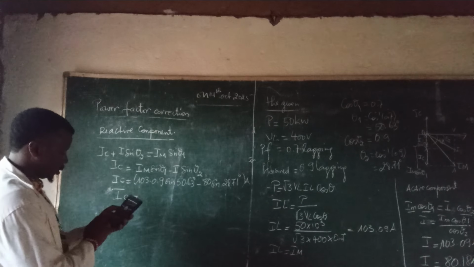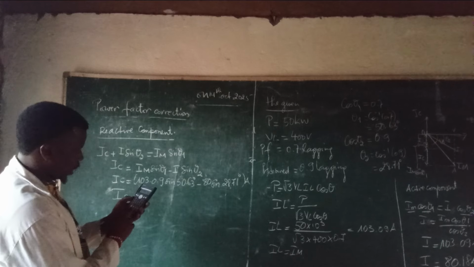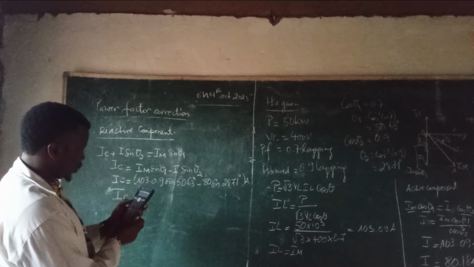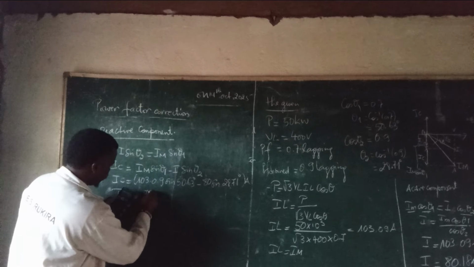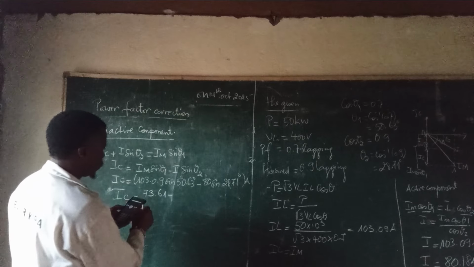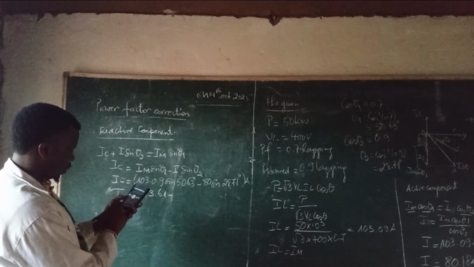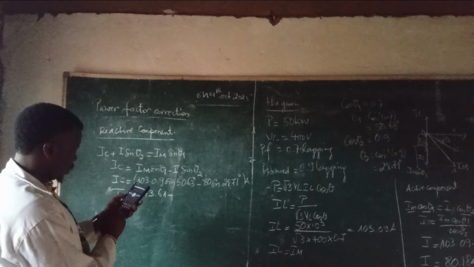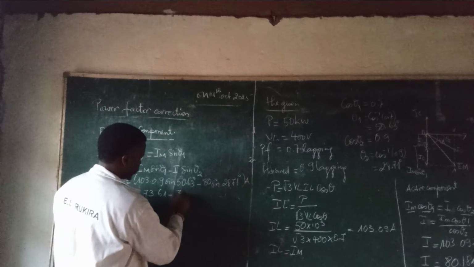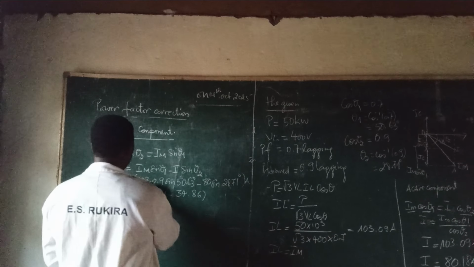The IC will be 103.09 sin 50.63, which is equal to 73.61, minus 80 sin 28.71, which is equal to 34.86. This is in amps.